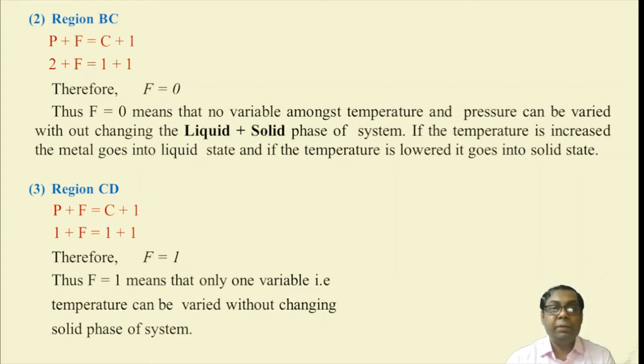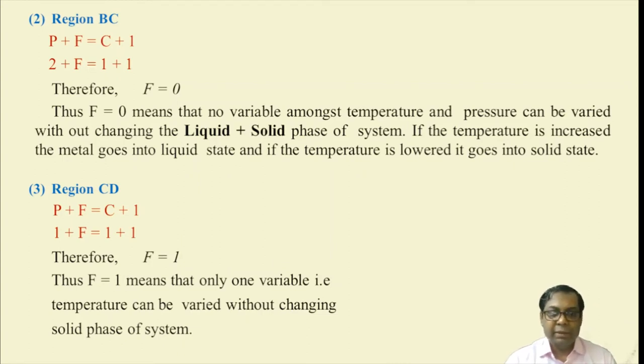Thus F equal to 0 means no variable amongst temperature and pressure can be varied without changing the liquid plus solid phase of the system. If the temperature is increased, the metal goes into liquid state, and if the temperature is lowered, it goes into pure solid state.